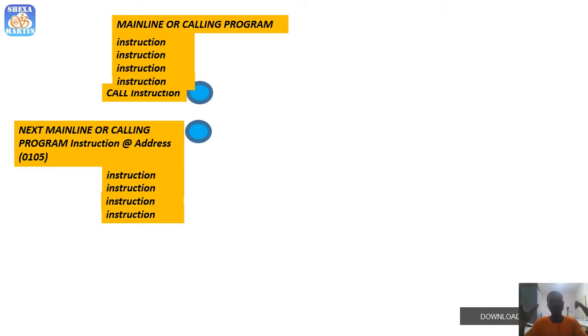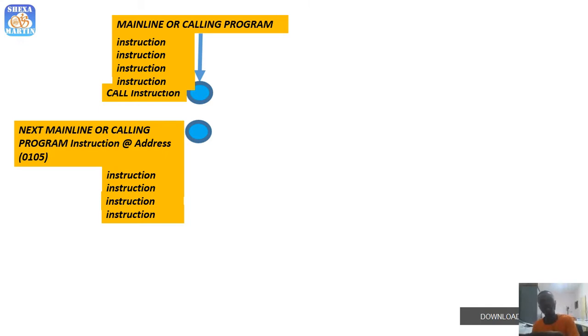Let's see the main line program, where we are calling a procedure which is also calling another procedure. Let's see what happens. Our main line goes to the call instruction, and 0105, which is this one, is pushed onto the top of the stack.